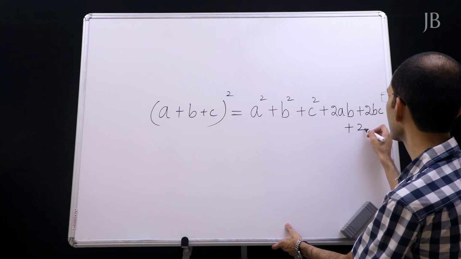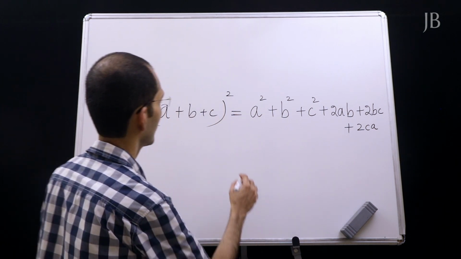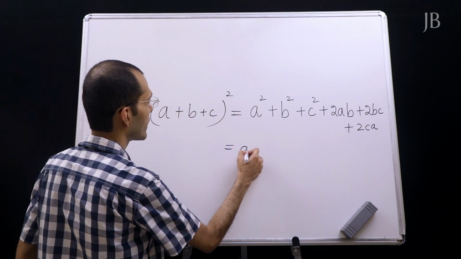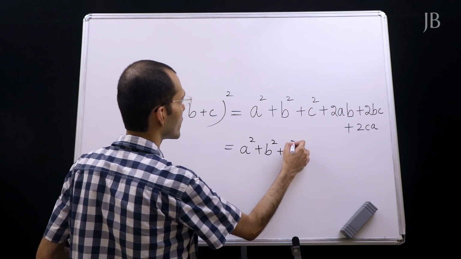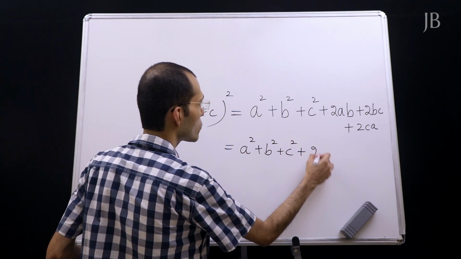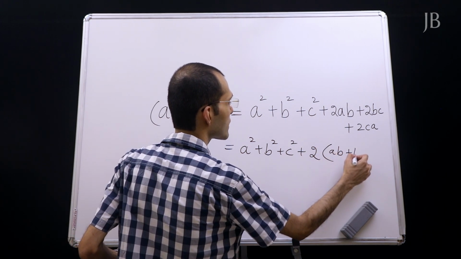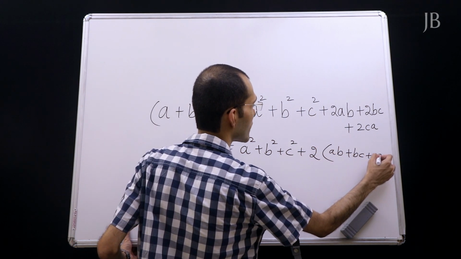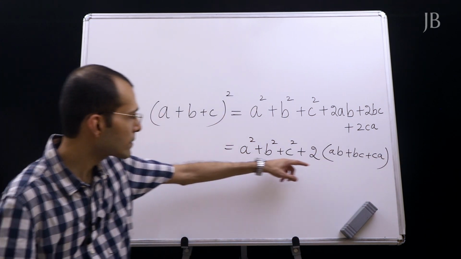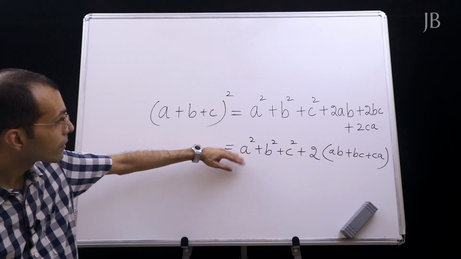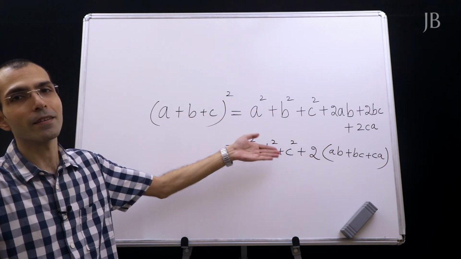This can be further refined as a square plus b square plus c square plus 2 we can take common, it will be (ab + bc + ca). Comfortable? See, don't remember this finished product. Remember this, understand this. From this you derive here.